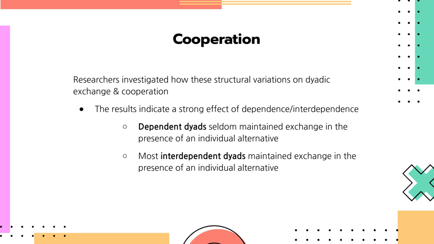Most interdependent dyads, however, so there's more alternatives, maintain exchange in the presence of an individual alternative. And again, that's because despite there's still a pretty high level of risk and uncertainty, it doesn't seem to feel as coerced. Because there are alternatives, it feels more like it was each person's own idea to cooperate.